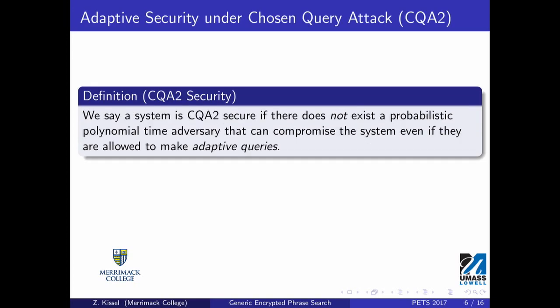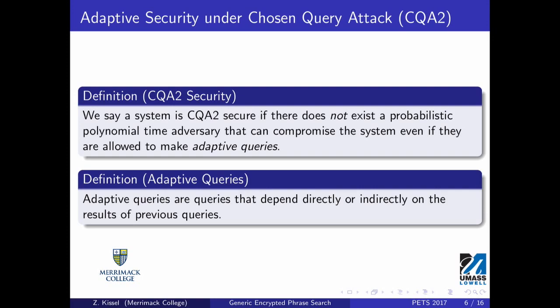The state-of-the-art in security for SSE is called CQA2 secure, chosen query attacks. And what this means is there does not exist a probabilistic polynomial time adversary that can compromise the system, even if they're allowed adaptive queries. And just to remind you what adaptive queries are.